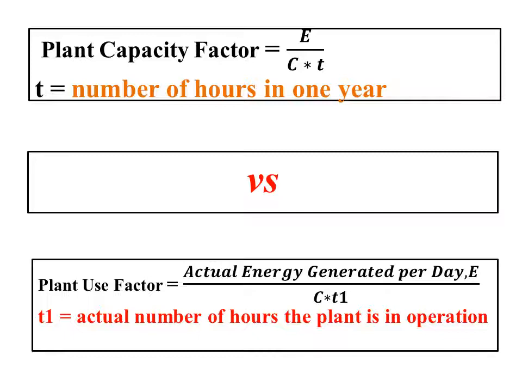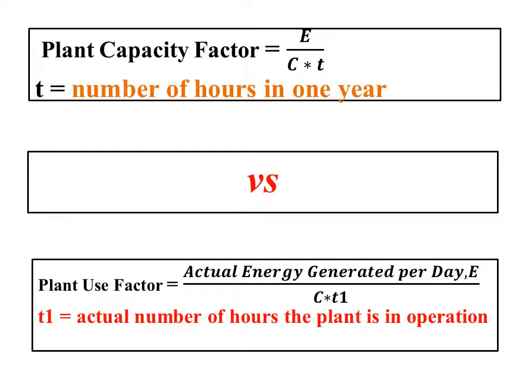See, for example, if I am having 20 hours, but out of 20 hours I am working for 19 hours, so small t is 20, T1 is 19. If I ask you for how many hours I am not working, it will become 1 hour. Hour, not year. I am having 20 hours, I am working for 19 hours, so there is only 1 hour in which I am not working.